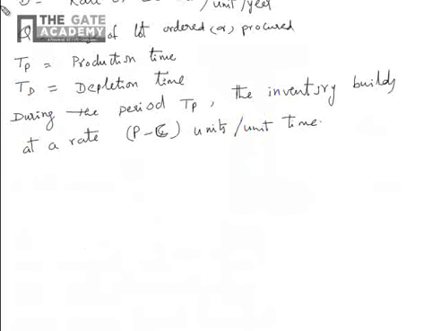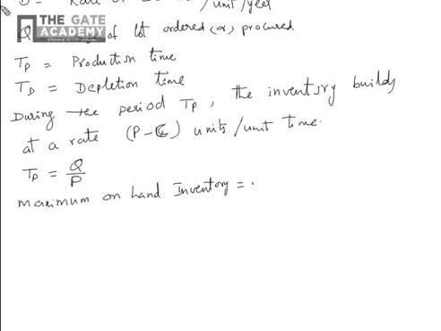So TP equals Q by P, and maximum on-hand inventory equals TP into P minus C. So you will get the maximum on-hand inventory.